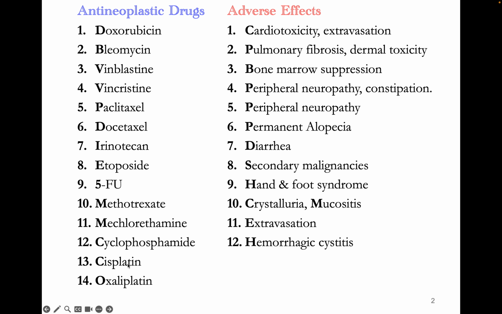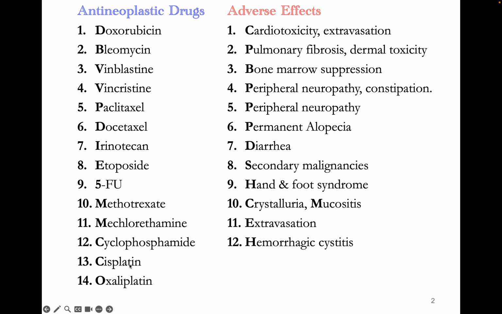Cisplatin, we call it Cisplatin because more than 90% of the drug is excreted into the urine and can cause renal toxicity. It is an irritant. Please differentiate the cyclophosphamide-induced hemorrhagic cystitis, which is damage in the urinary bladder, not in the kidneys.